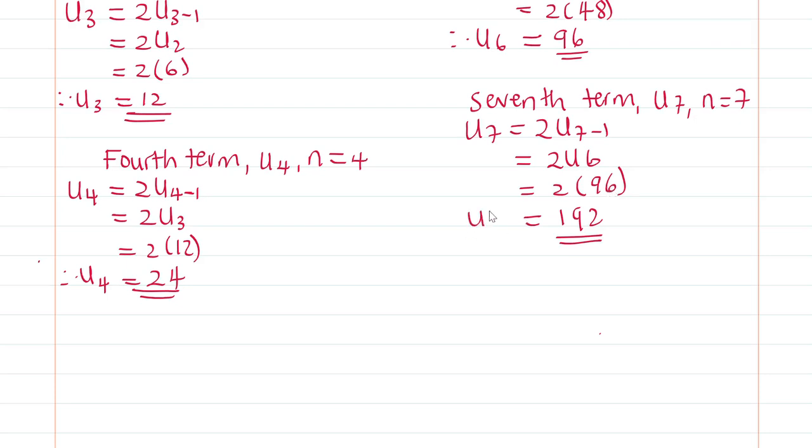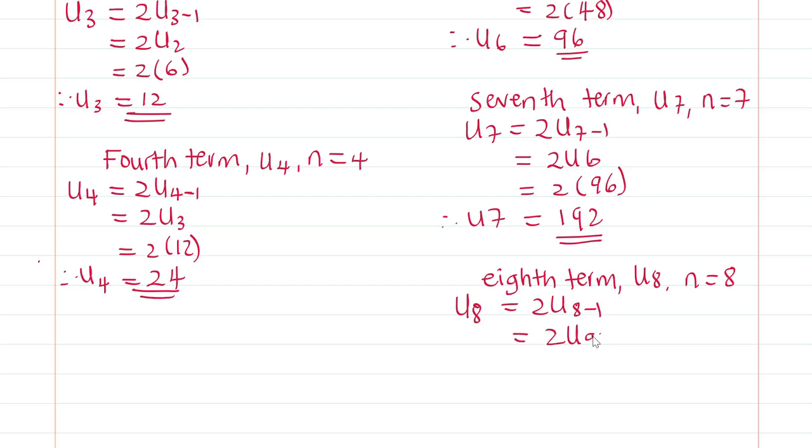And finally, our eighth term, which is the last term that we were asked to find, that is u8. Our n here must be 8. Therefore, our u8 becomes 2 times u8 minus 1. This is the same as 2 of u7.